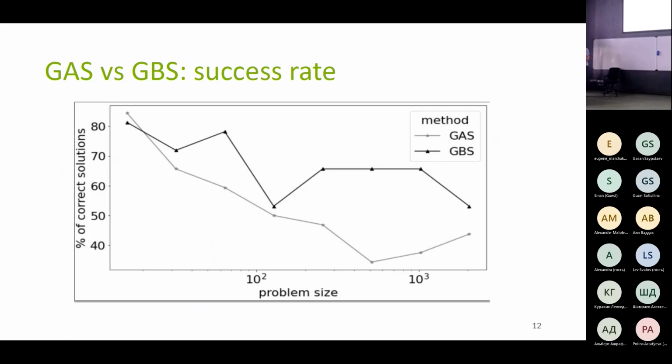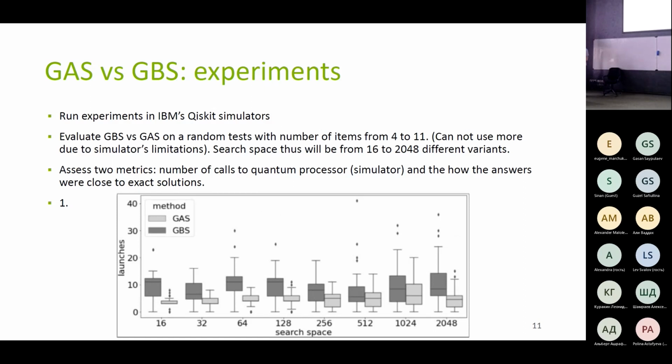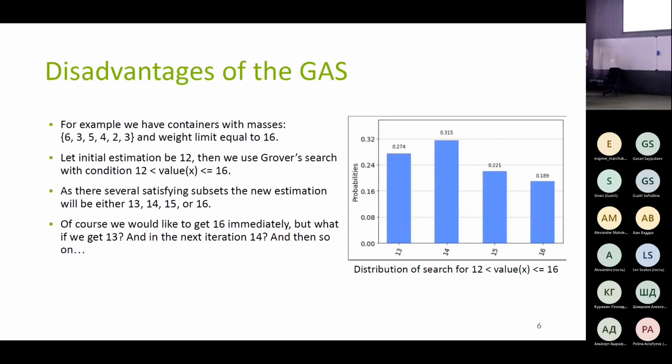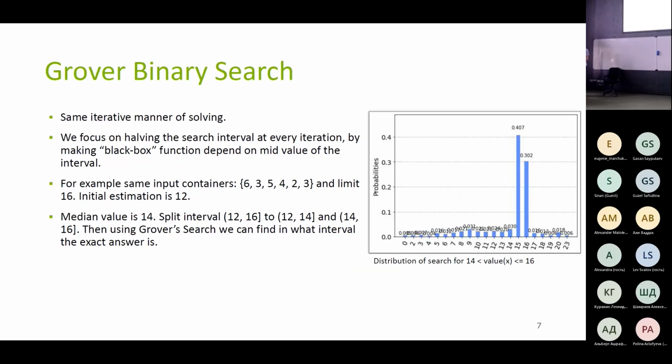And we found out that on average, our algorithm tends to return the correct solution more often than the adaptive one. That also happens because of the same fact that we lost in the speed competition, because adaptive search can fail at any step because of the probabilistic nature of Grover search and just stop. But in the binary search, it can fix itself later.